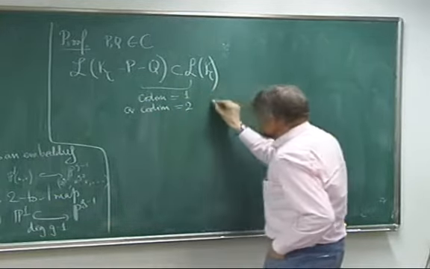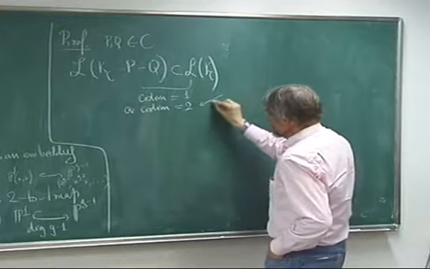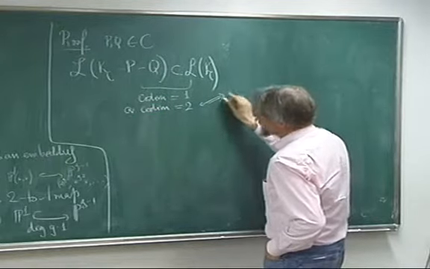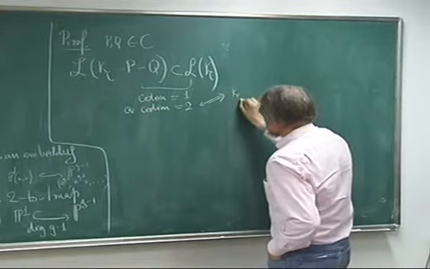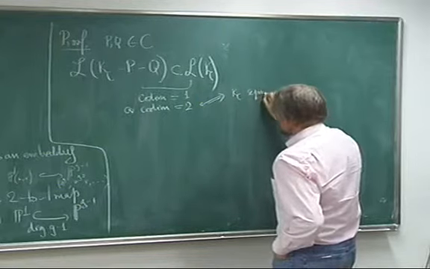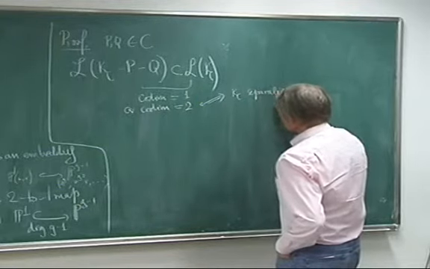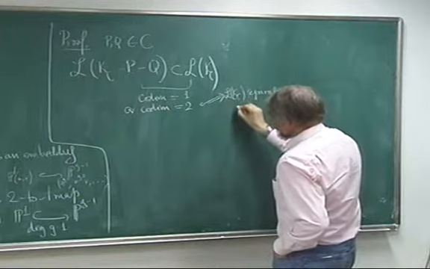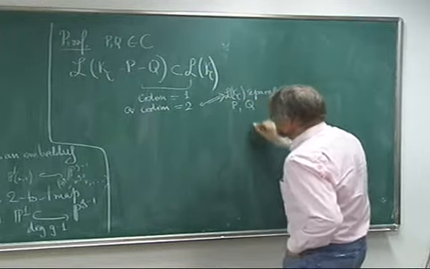And codimension equals 2 if and only if L of K_C separates P and Q. Right?